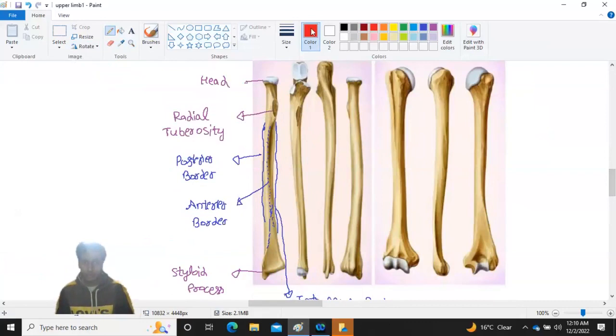So this surface is called the anterior surface. This whole. यहाँ पर देते हैं. This is the anterior surface.